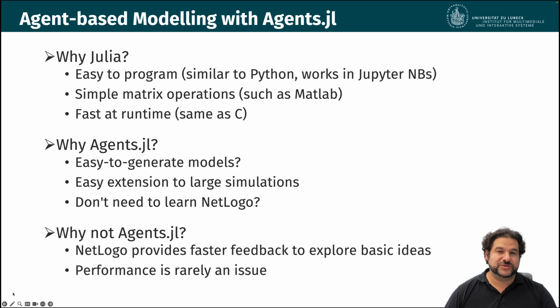And in this case, there is one library that's called Agents.jl. Libraries in Julia always have this .jl extension, and that's how you recognize a library to be a Julia library. The benefit of Agents.jl is that it's relatively easy to generate models, or it's not as easy as it is in NetLogo, but these models then can run very fast.